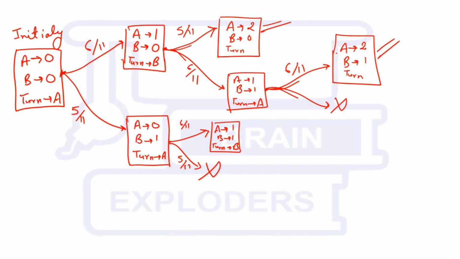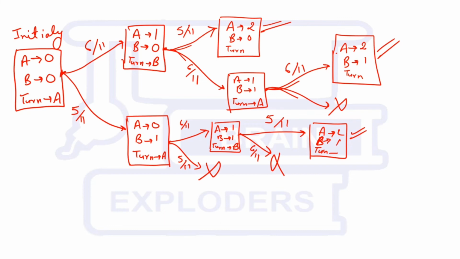Here also we have not considered that possibility in which B will win the match, because we have to find the probability of winning of A. Here also, since B is starting the match, there is a possibility with probability 5 by 11 that A will score a point and will win the match, no matter whose turn it is over here. And similarly with the probability of 6 by 11 B will win the match, because he will score 2 points, so we will not take that into consideration.